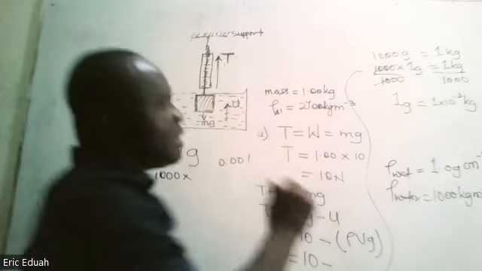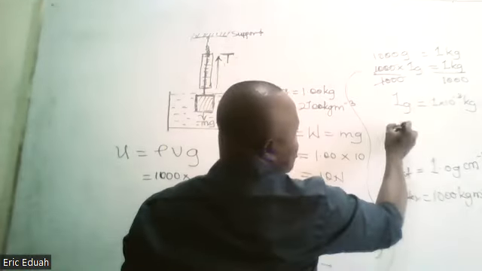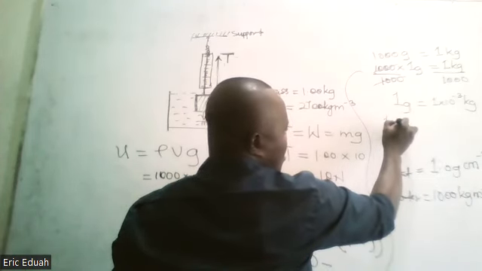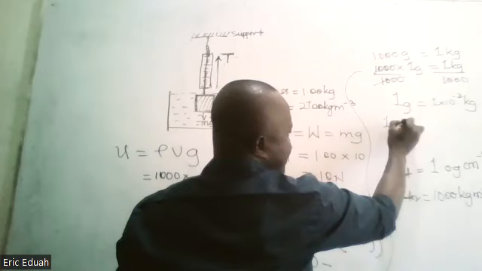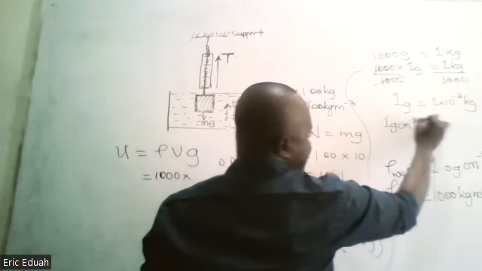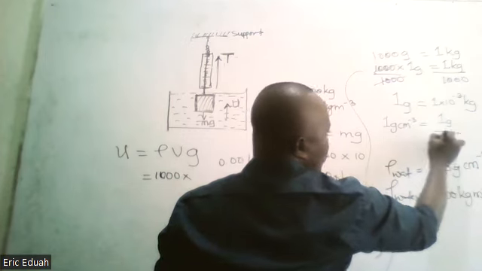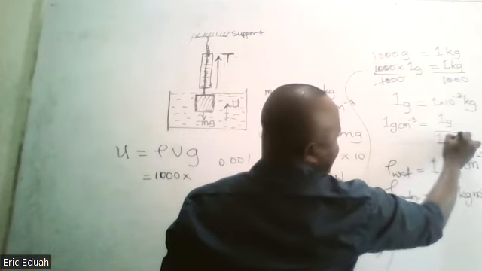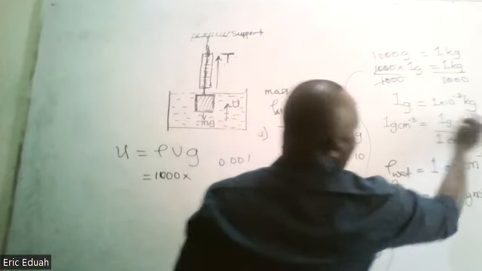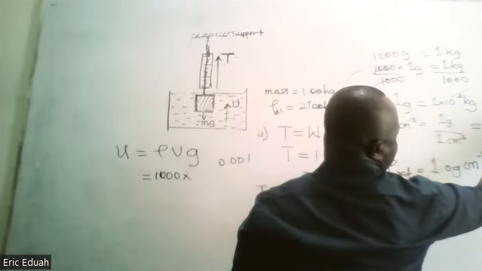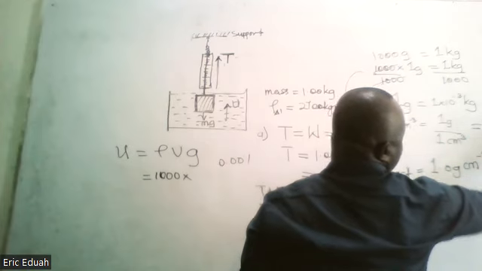Okay. Then let's come to the denominator. We have 1 gram per cm cube, which is equal to 1 gram divided by 1 centimeter cube. We've converted the numerator: we have 1 times 10 to the power negative 3 kilograms.